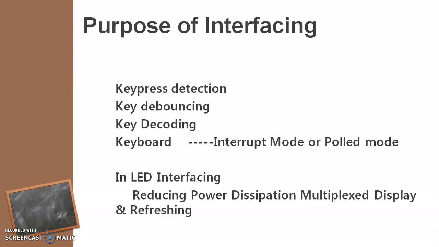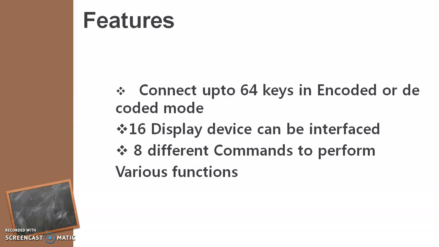In the case of LED interfacing, to reduce the power dissipation, we go for a multiplexed display, and the multiplexed display has to be refreshed at periodic intervals. So again, if you have dedicated hardware which can take that up, then the processor time can be utilized in a better manner. That is the purpose why we go for a keyboard display interface controller.